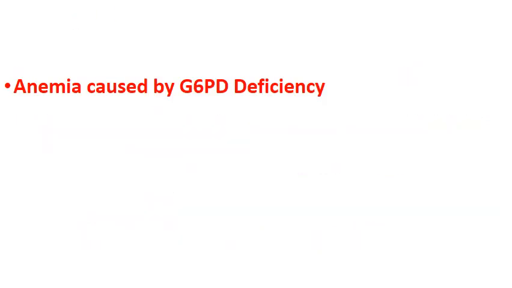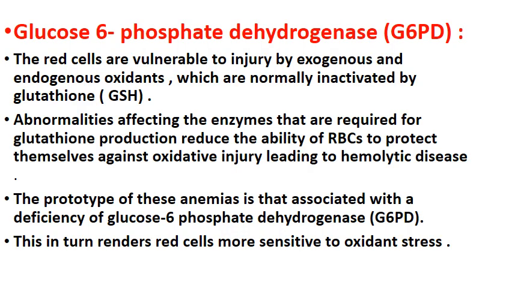We are coming now to the other type of anemia, which is caused by G6PD deficiency, glucose-6-phosphate dehydrogenase deficiency. The red blood cell is usually vulnerable to being injured by various types of exogenous and endogenous oxidants, which are normally inactivated by glutathione, GSH.